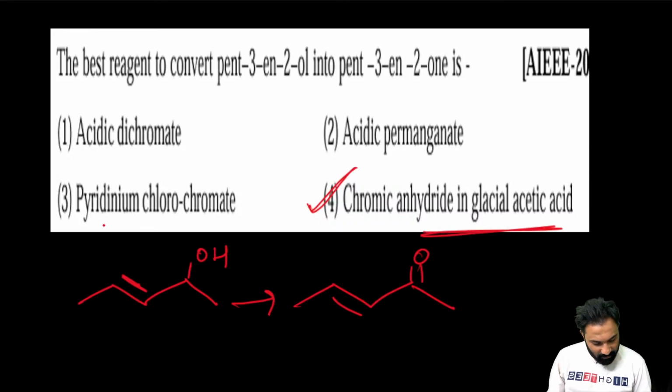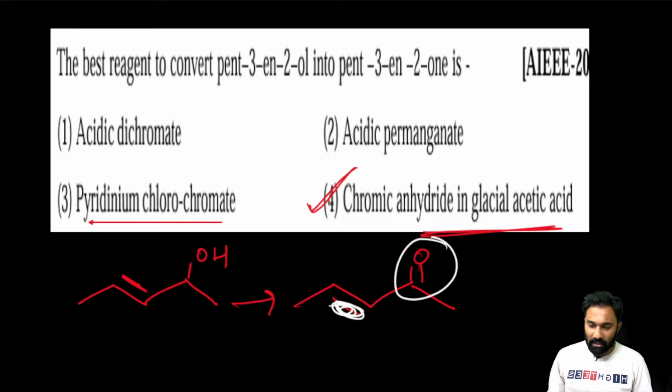My dear friend, this pyridinium chlorochromate will oxidize the double bond. Pyridinium chlorochromate may oxidize the alcohol into the ketone, and in the same way it will oxidize the double bond also.